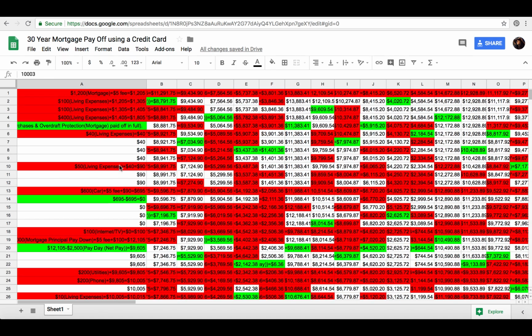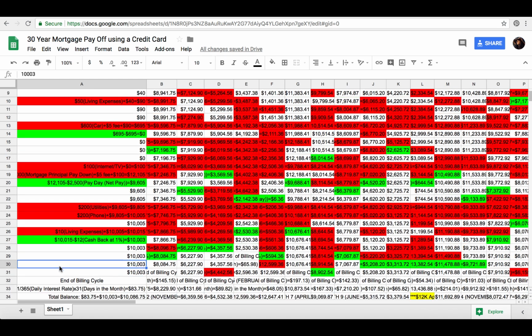And as you see, the reason that this strategy calls for moving your money over from your checking account into a line of credit is that when you move the money over, you see that on day 1, the credit card balance was almost $1,200. On day 6, it's only $40. And then on day 22, it's $9,605. And then on day 31, it's $10,000.